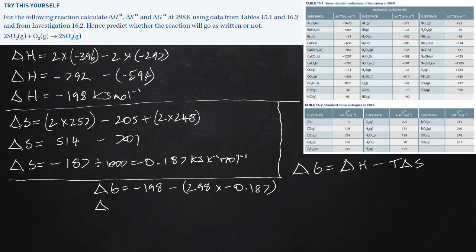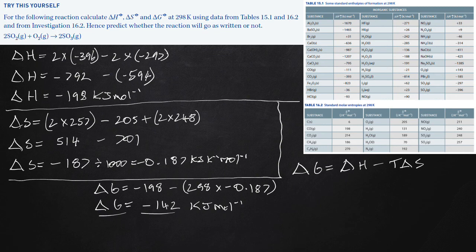Delta G, change in Gibbs free energy, is negative 142 kilojoules per mole.